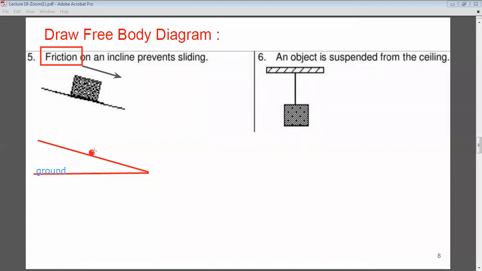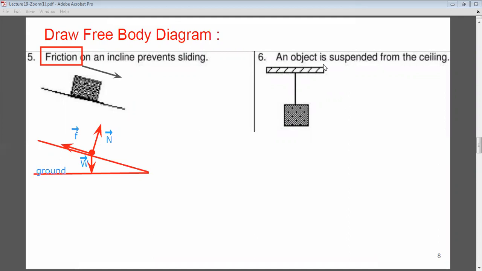Weight is perpendicular to the ground, normal is perpendicular to the surface and away from it, and in addition we have friction, which is along the surface. So this is normal, this is weight, and this is friction. All of them are vectors.